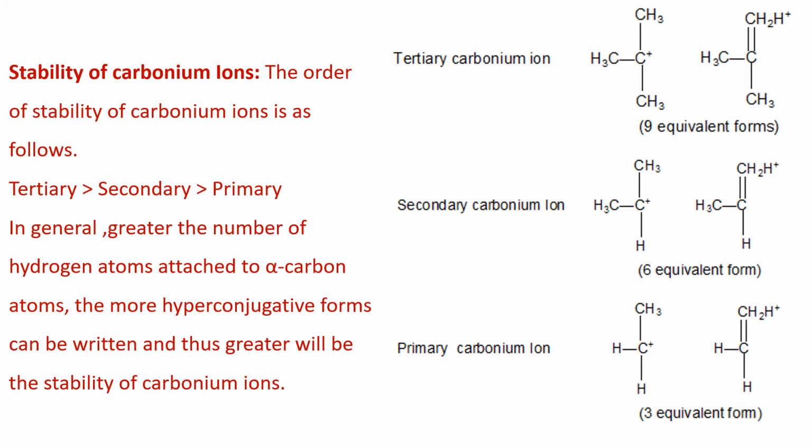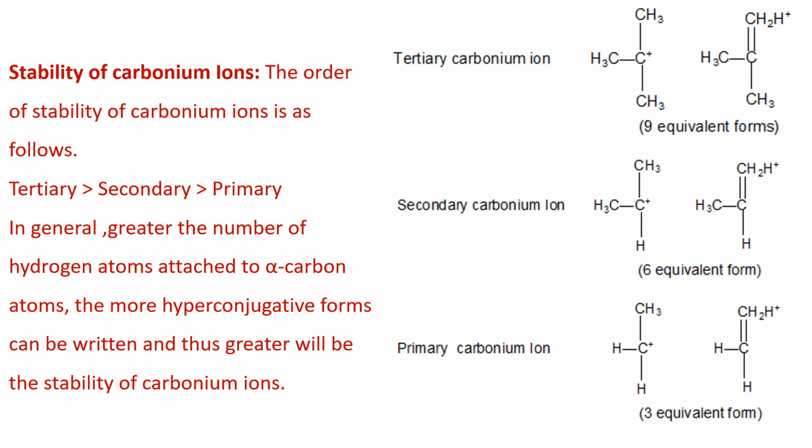With hyperconjugation, we can explain the stability of carbonium ions. The order of stability of carbonium ions is: tertiary carbonium ion is more stable than secondary carbonium ion, which is more stable than primary carbonium ion. In general, the greater the number of hydrogen atoms attached to the alpha carbon atom, the more hyperconjugative forms can be written, and thus the greater will be the stability of the carbonium ion.